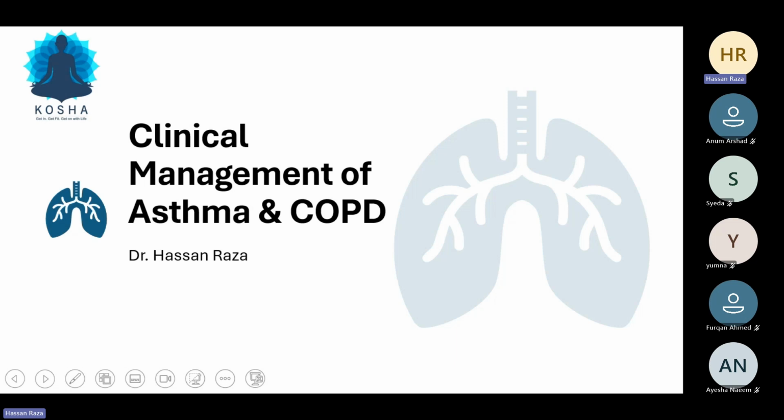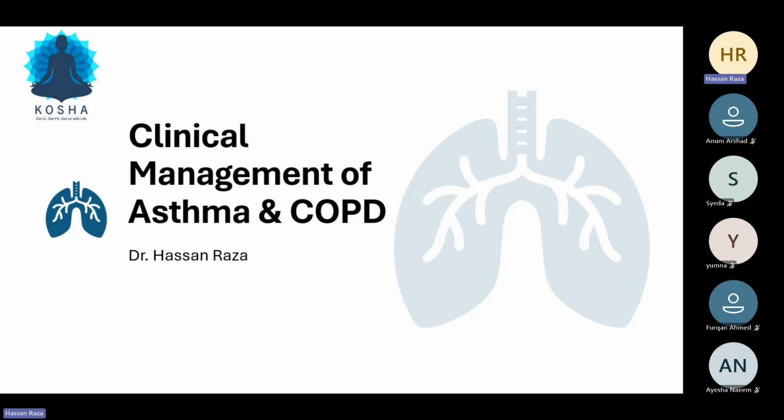First of all, I would like to tell you about the objectives. The objectives of this lecture are that I will define asthma and I will define COPD. I will tell you how to diagnose, and particularly in this lecture, I will focus on the guidelines.